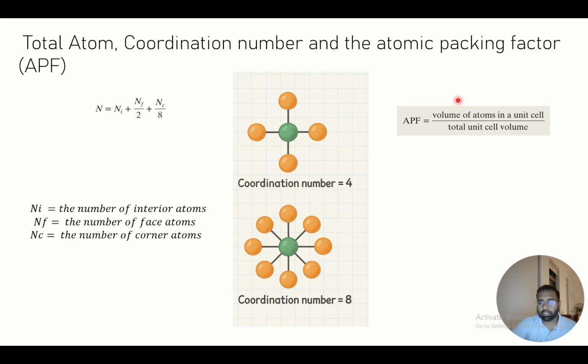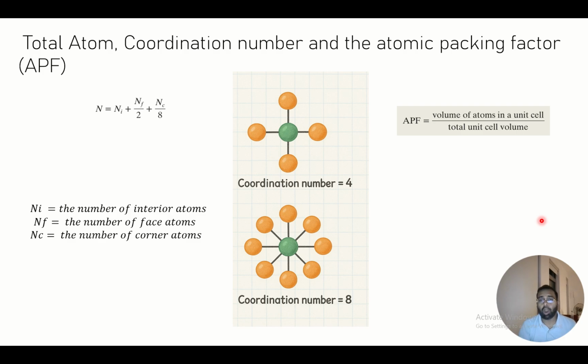And another thing is the atomic packing factor. The unit cell is made up of atoms, and we need to calculate how much volume the atoms occupy. Atoms also have their particular volume, and the unit cell also has a volume.